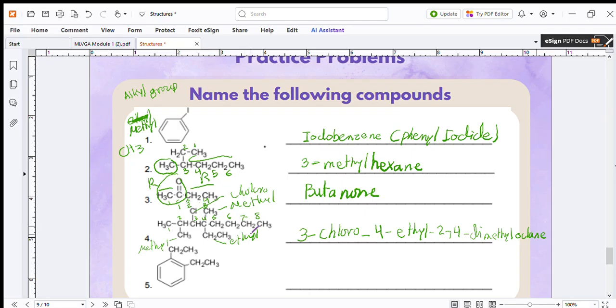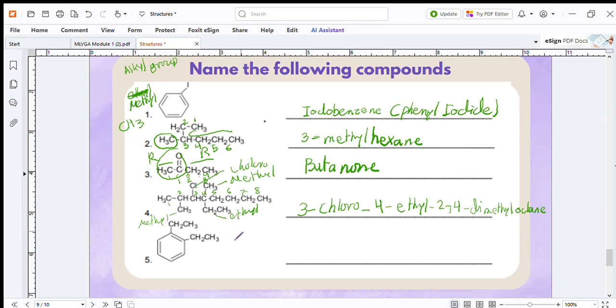Kasi alkane po ito. Wala pong double bonds, wala din triple bonds. So malinaw lang po. Let's go na to the number 5. As we see here, ito po ay benzene ring. So of course, yung mother chain is benzene. Then we have dalawa pong ethyl. Ethyl dito at ethyl doon. So let's number lang the carbons. So sabihin natin 1, 2. So pwede na sabihin dalawa po ang locations ng ethyl natin, tapos sabihin natin di.